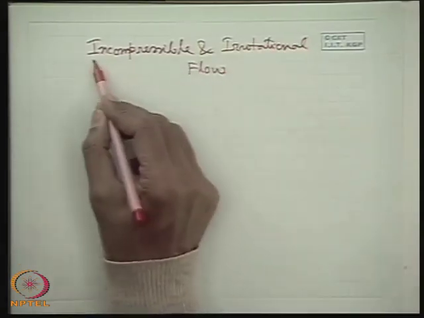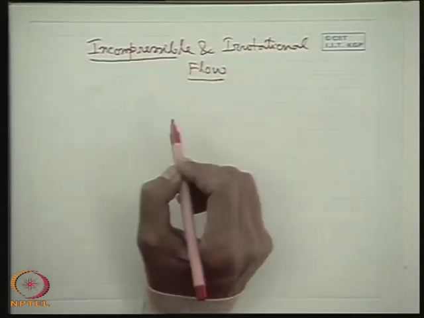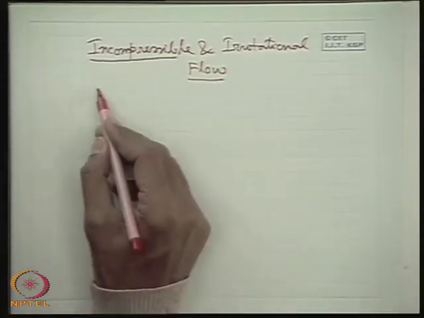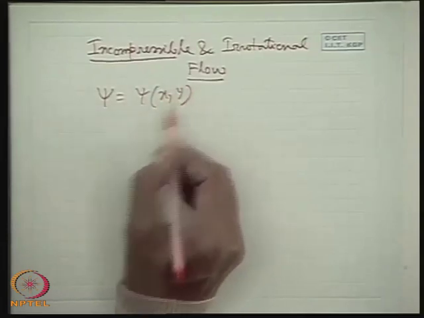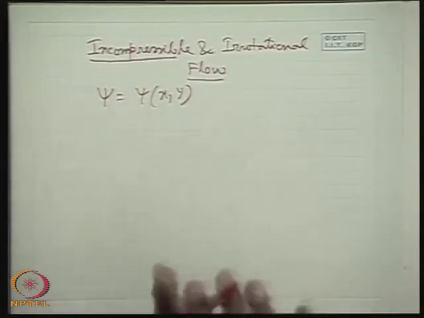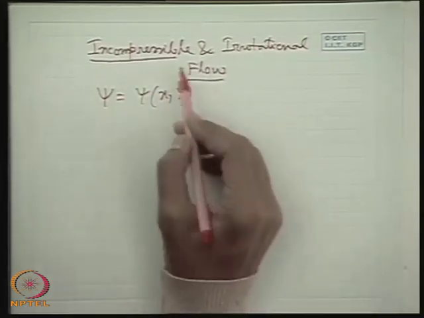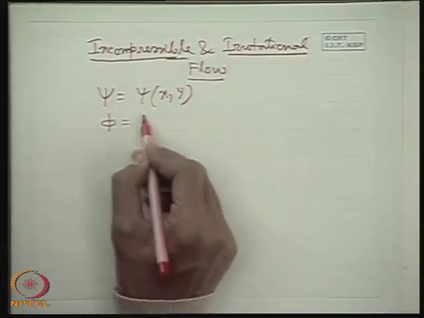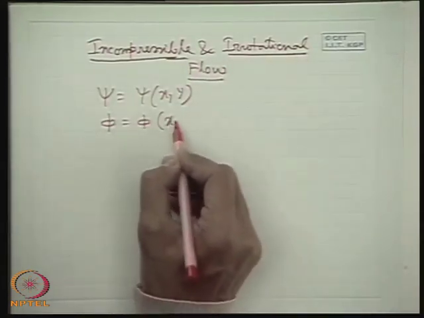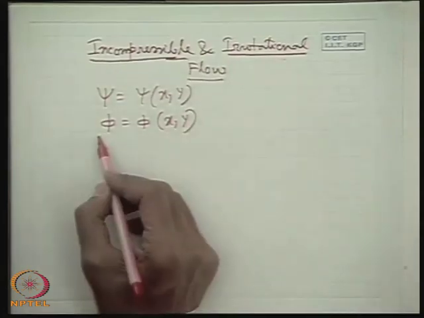For an incompressible two-dimensional flow, the psi function exists. So the existence of the psi function comes from an incompressible two-dimensional flow. That means the function automatically satisfies the continuity equation. Similarly, if the flow is irrotational, then the existence of the potential function comes. So if the flow is not irrotational, this function will not exist.